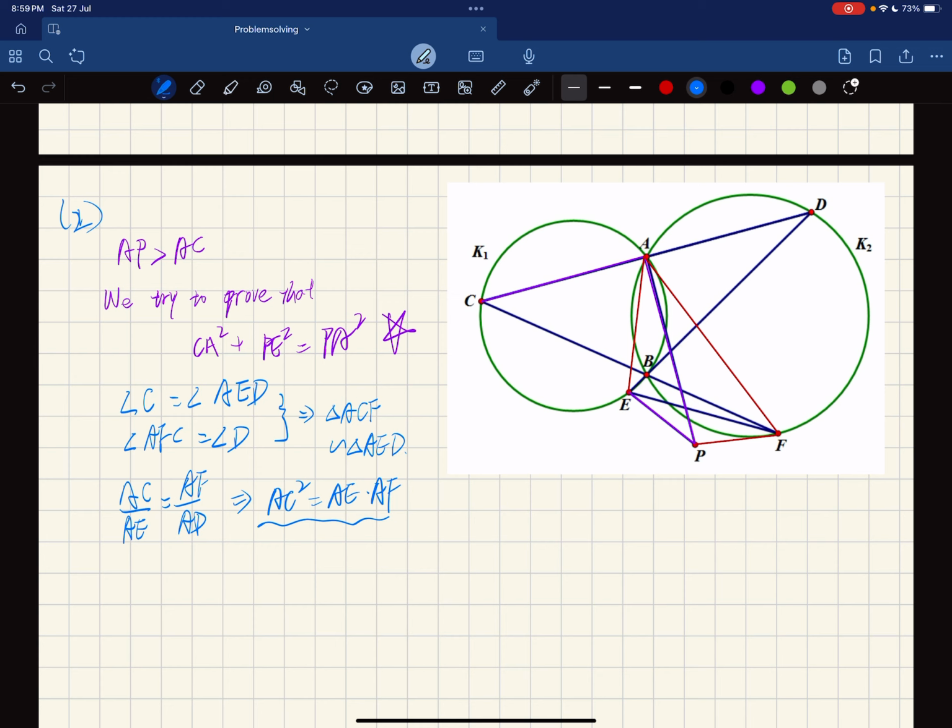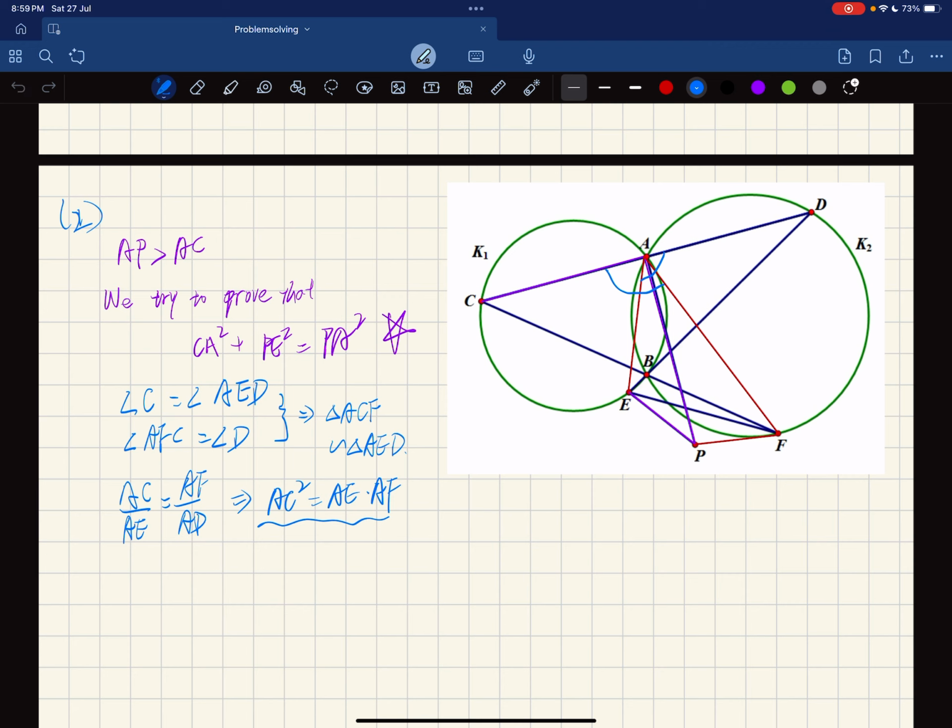So we're going to study the connections between AE, AP and PE. What can we get? Remember that the angles CAP and DAP are all equal to 90 degrees, and from the similar triangles we can find that the angle CAE equals to the angle DAE, and we also have the 90 degrees the same.